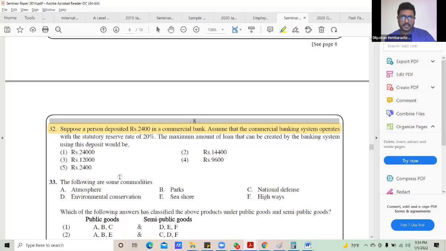The question is, assume that the commercial banking system operates with SRR 20%. What is the maximum amount of new loans the banking system can create? So here, a very important thing: the question asks about the banking system, not a single bank. If it is a single bank, you can simply calculate the excess reserve and put it as the answer. But now, this is the banking system.